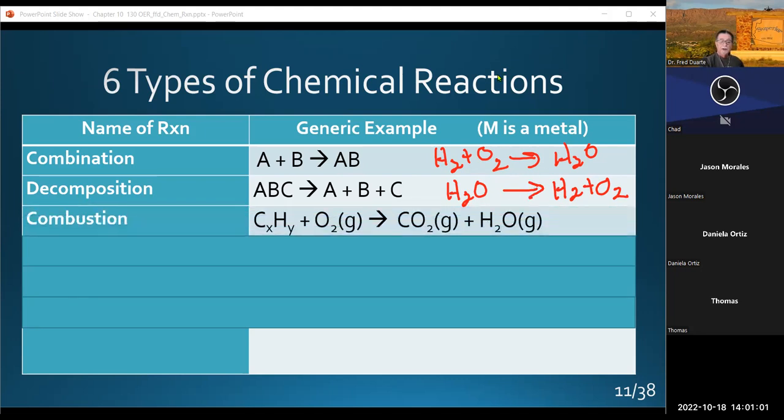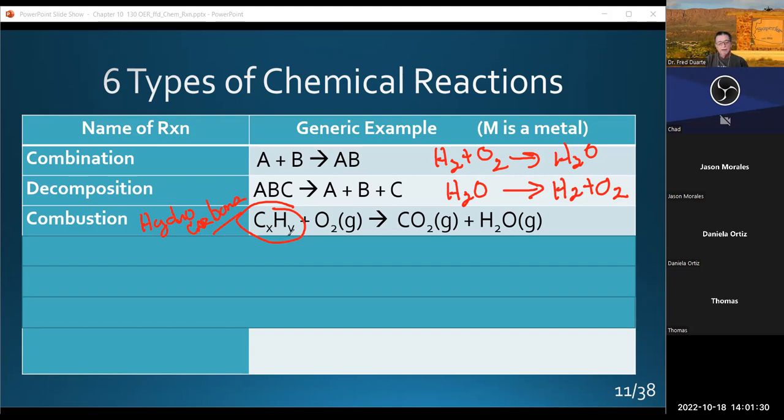All right. A combustion reaction. Now, here's the thing for Chem 130. When we deal with combustion reactions, we are going to be dealing specifically only with hydrocarbons. Hydrocarbons, and I've introduced this before, are compounds that are made up of nothing but carbon and hydrogen, hence hydrocarbons.